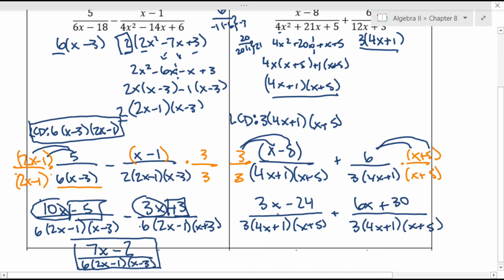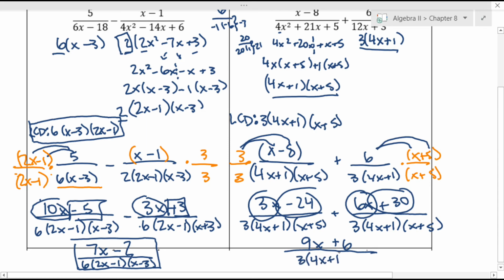And now I'm just combining like terms. 3x plus 6x is 9x. Negative 24 plus 30 is 6. So on the bottom, I'm going to have 3 times 4x plus 1 and x plus 5. And there we go. We're all done.